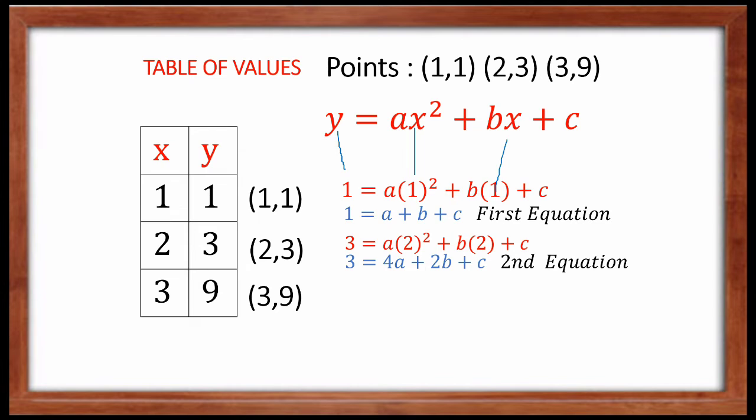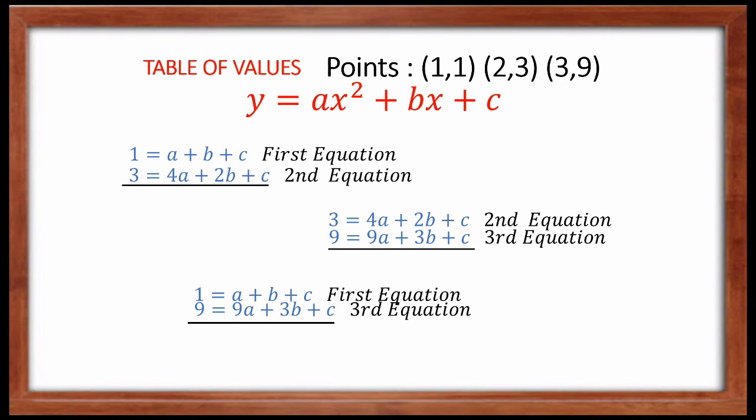That is our second equation. For our point (3, 9), the value of x is 3 and the value of y is 9. We have 9 equals a times the quantity of 3 squared plus b times 3 plus c. The simplified equation is 9 equals 9a plus 3b plus c. That is our third equation.